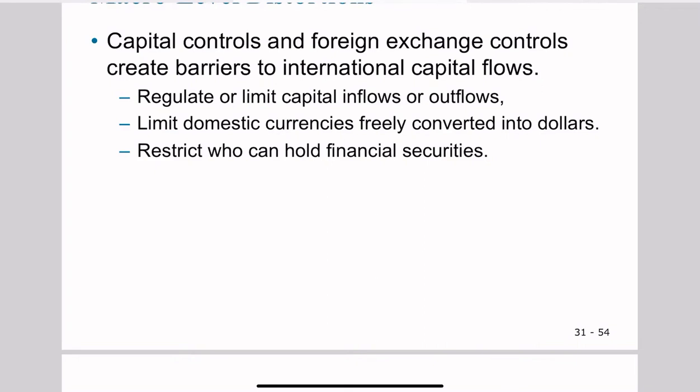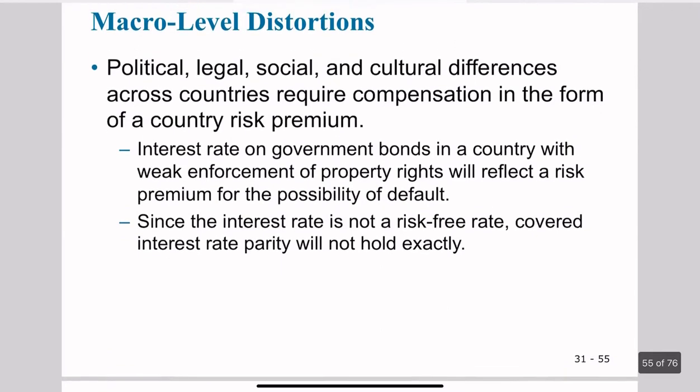And then we also have the case, maybe the government can limit domestic currencies freely converted into dollars. So this is the case I just mentioned in China. And there could be restriction who can hold financial securities. Okay.